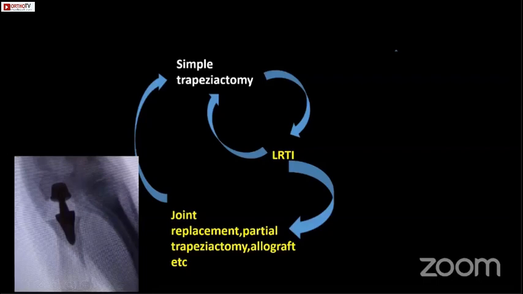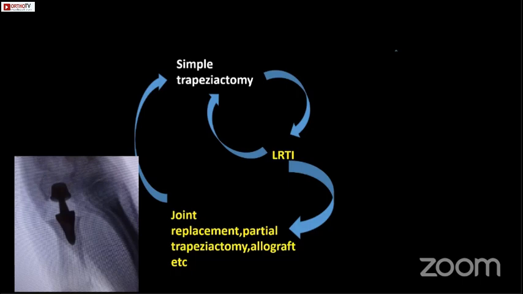So what is going on worldwide? The initial treatment started with the simple trapeziectomy. People found that the laxity is not good, we can offer a better treatment, then the LRTI came into the procedure. Then because of later subsidence, which was again of no clinical significance, joint replacement, partial trapeziectomy, allograft, etc. came into the procedure.